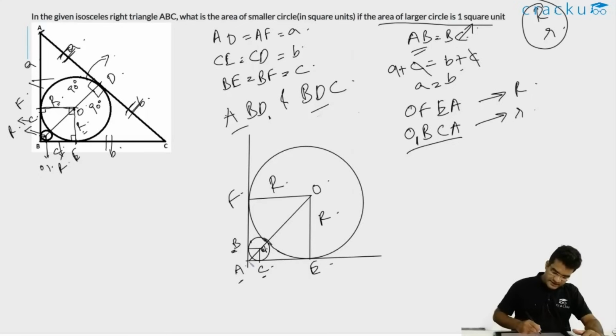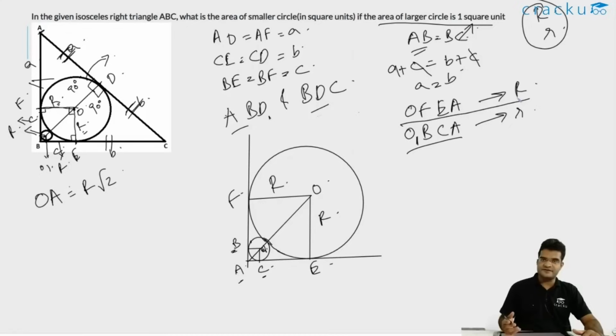Now if you look at the side OA, OA is actually equal to R root 2. This is quite simple. This is the diagonal of a square. OFEA is a square of side R, so the diagonal will equal R root 2.